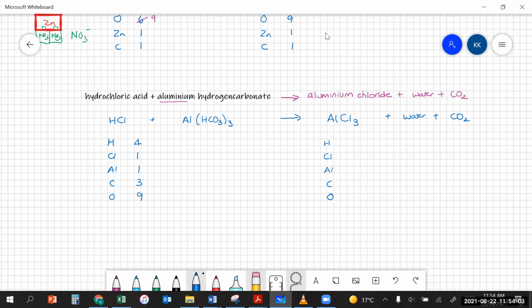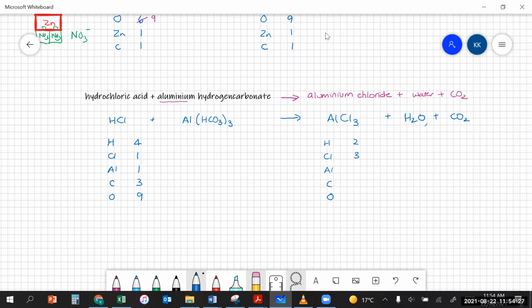Over on the right-hand side, oh, we didn't write water as H2O. We might fix that up. Okay, H2O, that's better. Now we have 2 hydrogens in the water. We have 3 chlorines in the aluminium chloride.